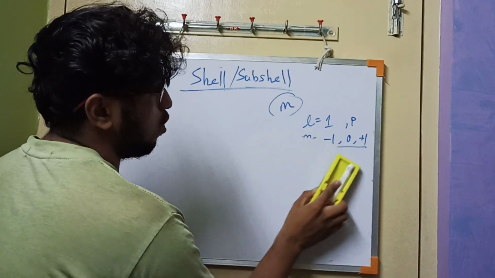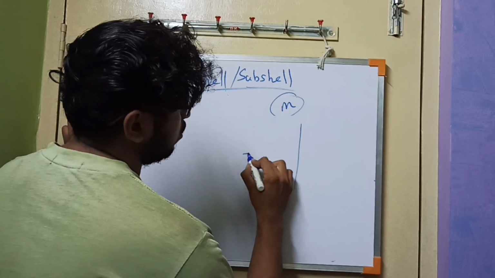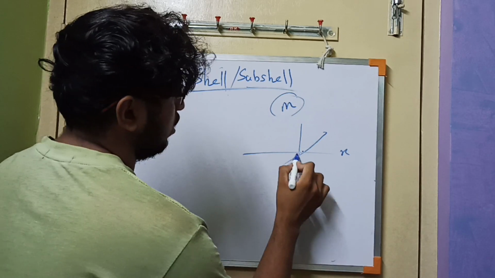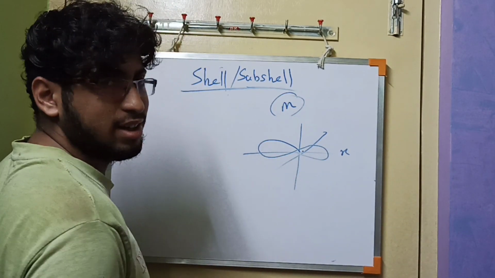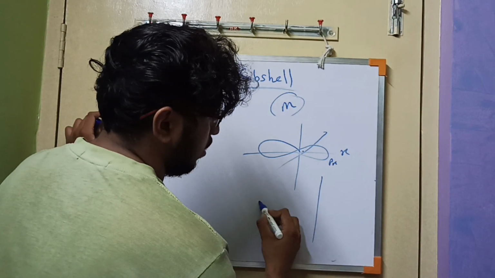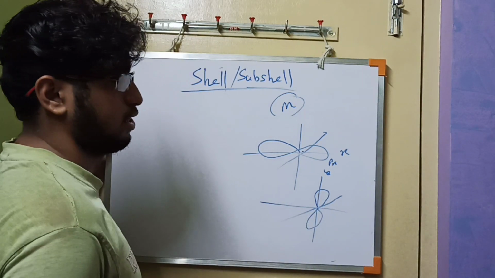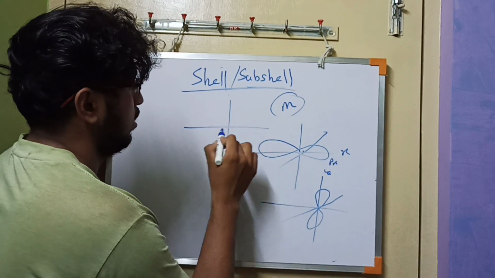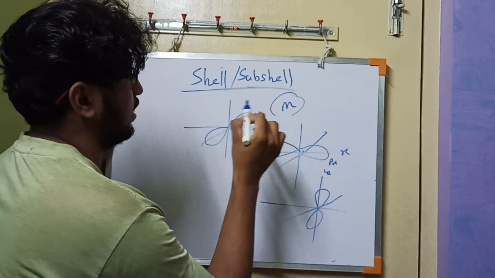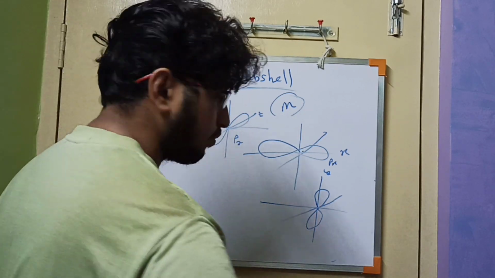Now, if we draw the structure of p orbitals, px will be on the x axis, py will be on the y axis, and pz will be on the z axis. So these are the three types of p orbital.